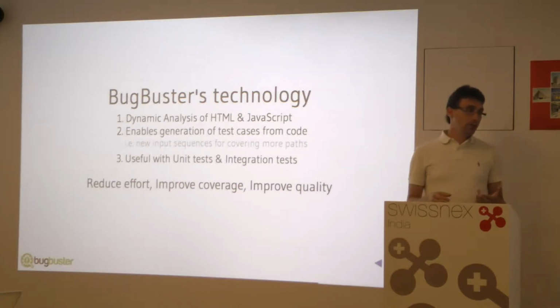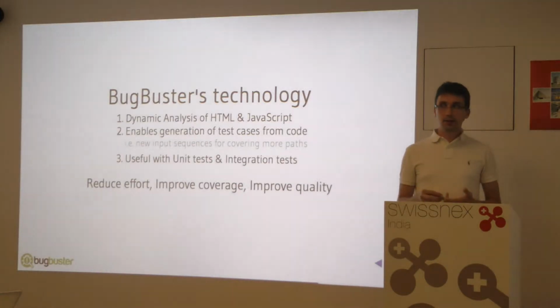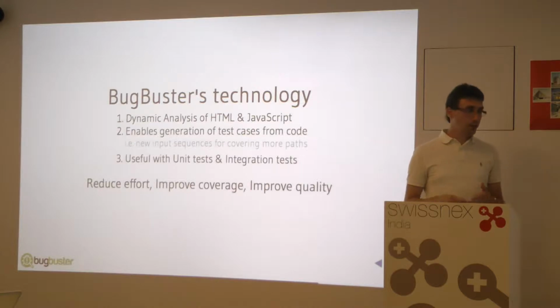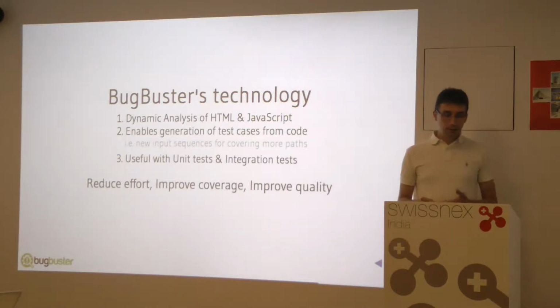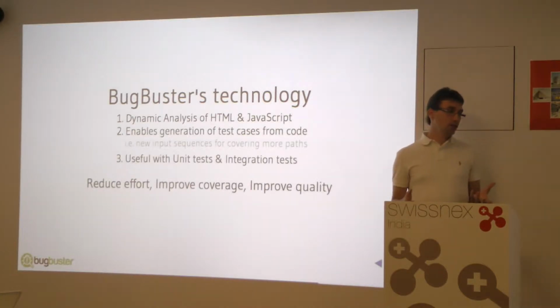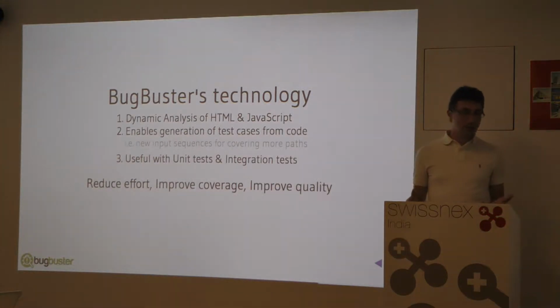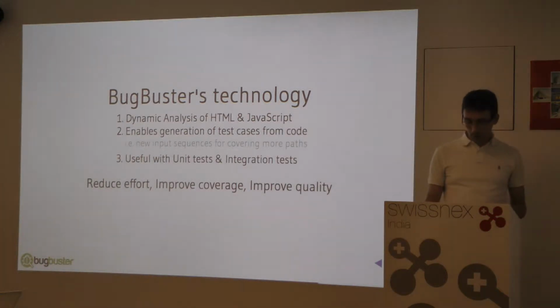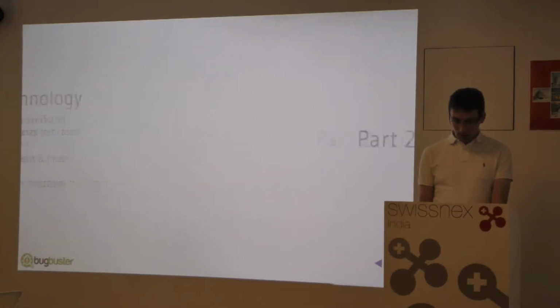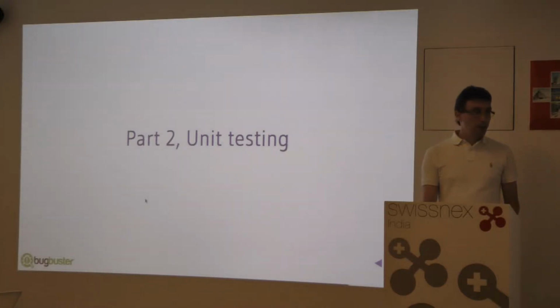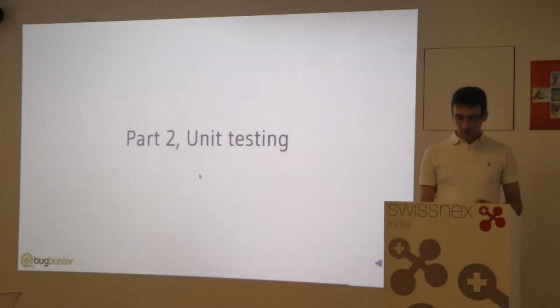This helps you reduce the effort, so you spend less time writing and maintaining test cases. It helps you improve your coverage. The combination of these two things leads to improved quality in your code. So that's it for the overview on testing, and now I'm going to start talking about unit testing.